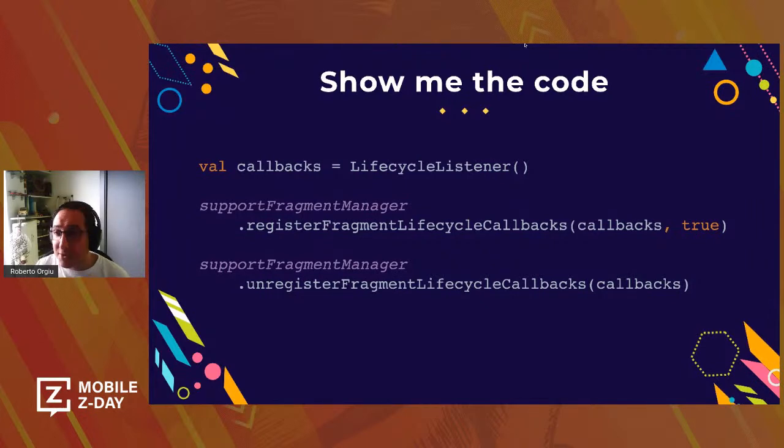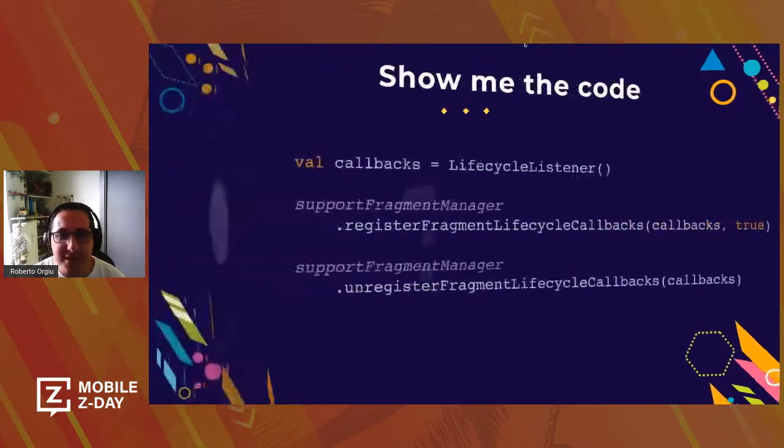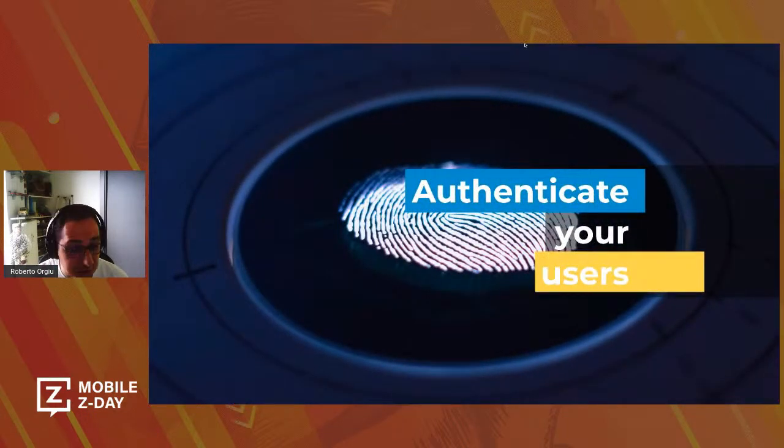Okay, to another topic now, something that is, well, let's say new to Android, but it's not really new, and is how we can authenticate our users. And by authenticate, what I mean here is basically when an app asks you for your fingerprint or your face if you are on one of the latest biometric devices, like an iPhone or Pixel 4, for instance.